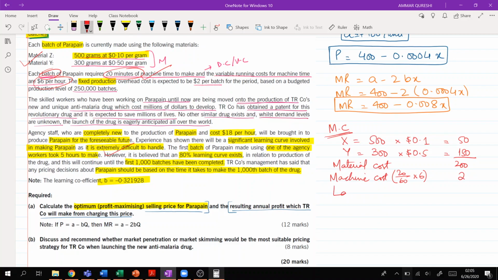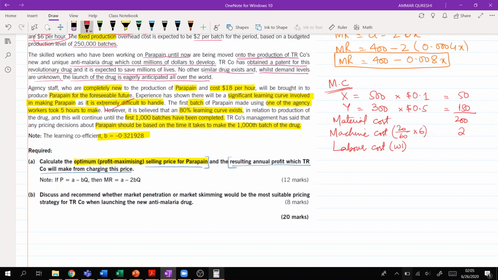Now labor cost is a problem here. Let's try to do some working, and meanwhile we have to read this paragraph again. It says that agency staff who are completely new to the production of paraffin cost $18 per hour. So this is the wage rate.